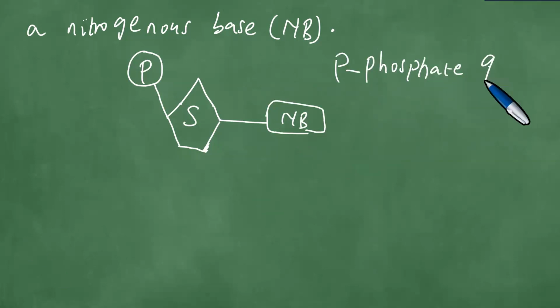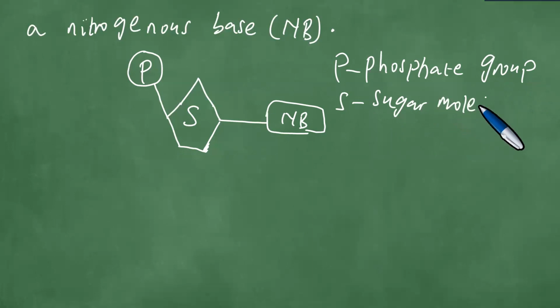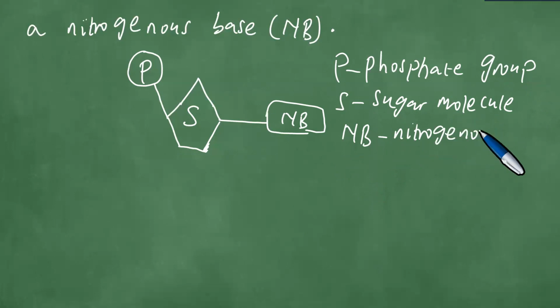S represents a sugar molecule. NB represents a nitrogenous base.